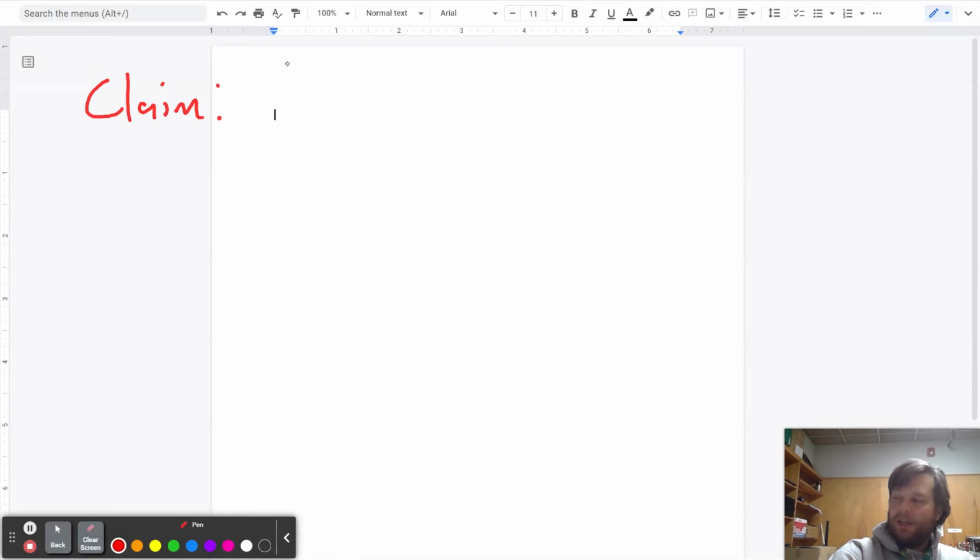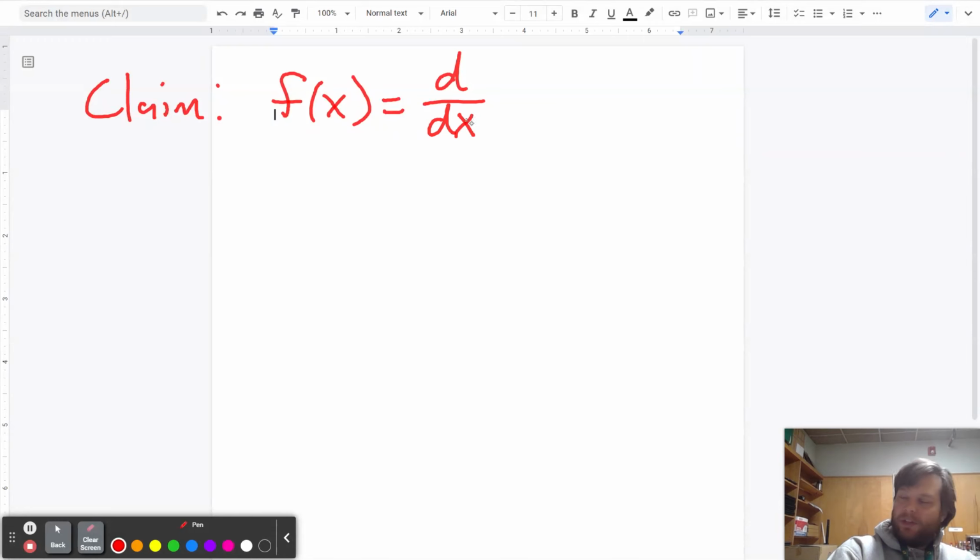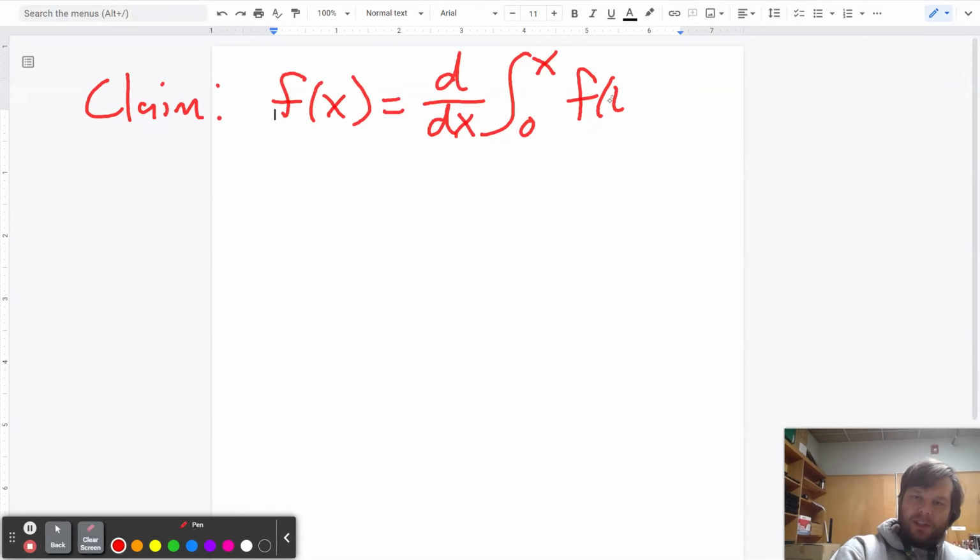I claim that your function is equal to, and this is true for any function that is differentiable, the derivative of the integral from 0 to x of f of t dt.